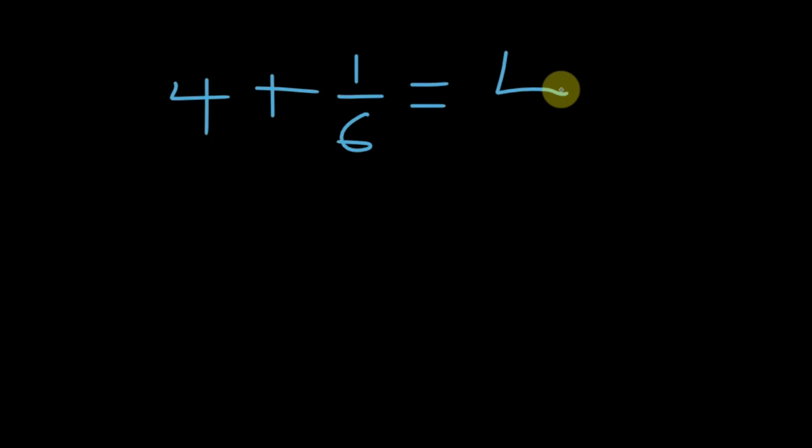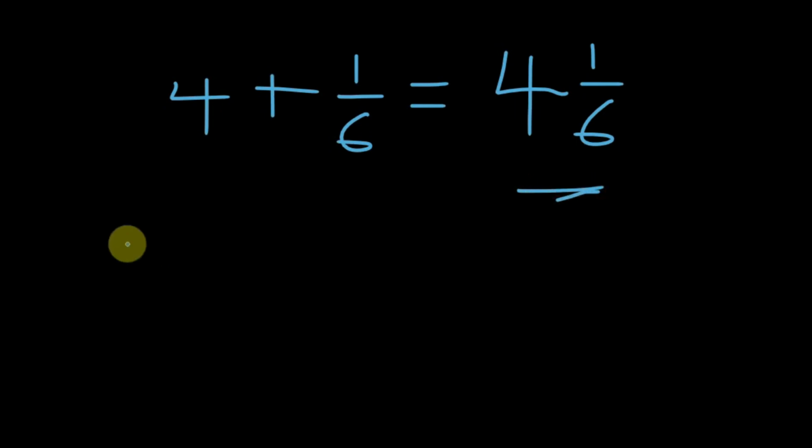If we divide 24 by 6, we have 4, which then gives us 4 plus 1 over 6, which can finally be written as 4 whole number 1 over 6 as our final answer.